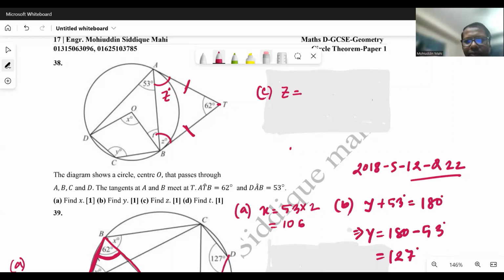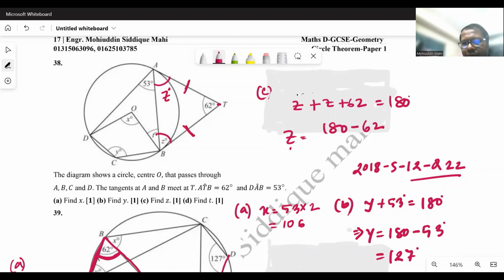So we can write down Z plus Z plus 62 equals 180 degrees. So Z equals 180 minus 62 divided by 2, which is 59 degrees.